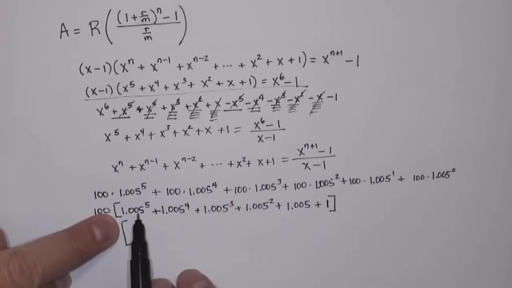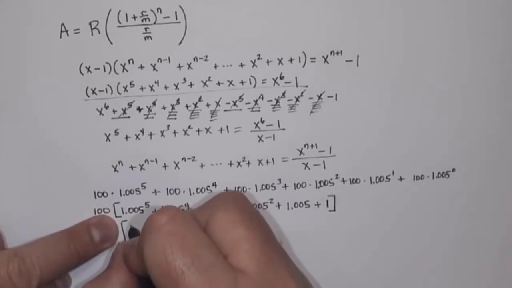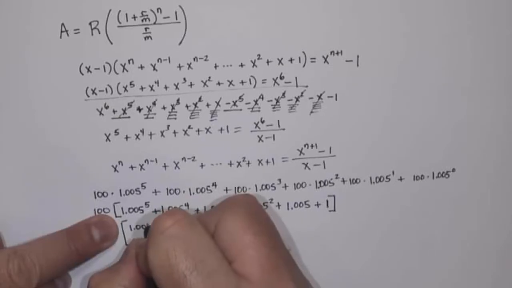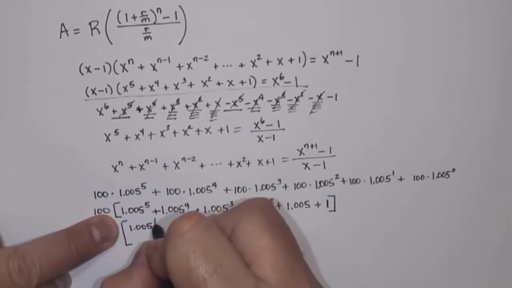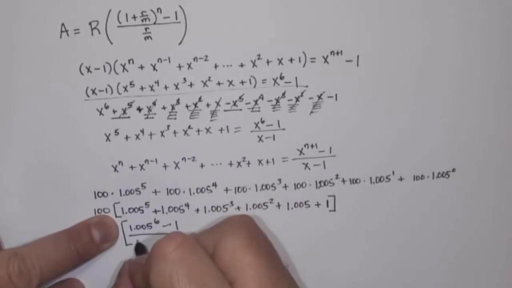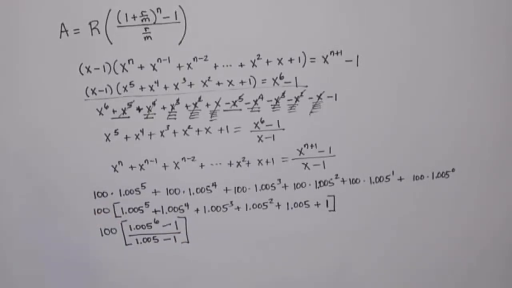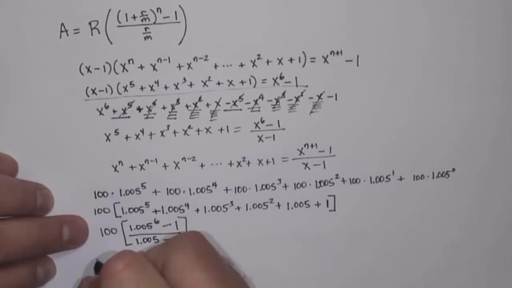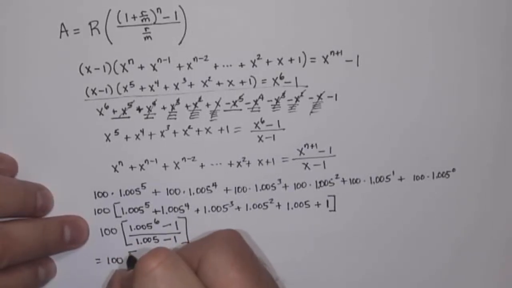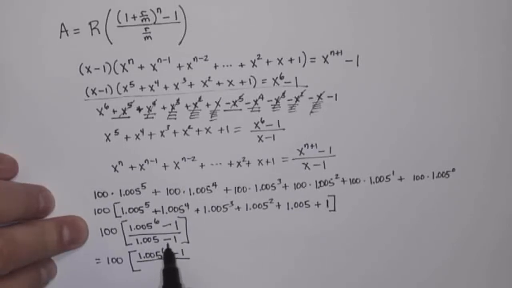Now again, because this is like x to the 5th, x to the 4th, x cubed, x squared, x, and 1, that's going to equal x, but instead of x, we have 1.005 to the 5 plus 1 power, so that's to the 6th power, minus 1 over 1.005 minus 1. Now, that is 100 times 1.005 to the 6th minus 1. On the bottom, 1.005 minus 1 is just 0.005.